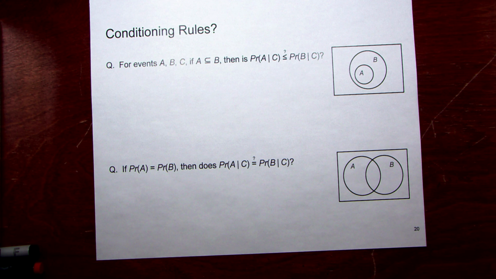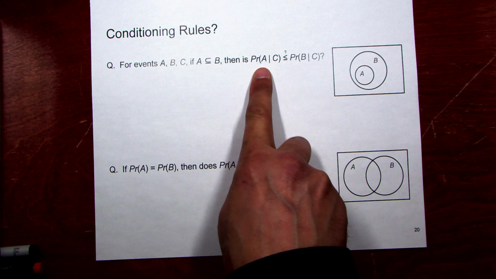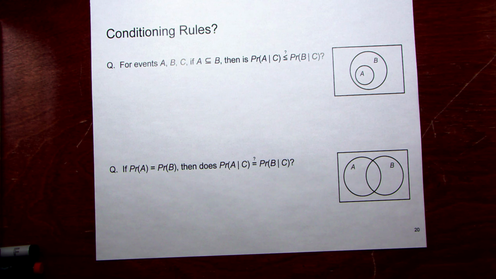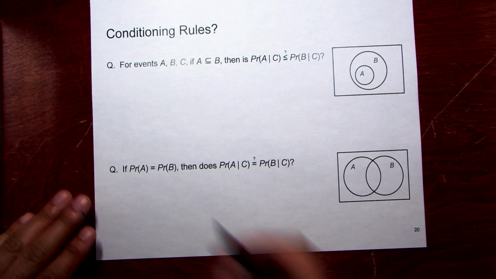Okay, so do you think this is true or false in general, that the probability of A given C is less than or equal to the probability of B given C if A is a subset of B? Prepare to vote. Ready? Okay, let's vote. Who thinks it's true? Who thinks it's false? Okay, majority rules. It's true. Now why is it true?